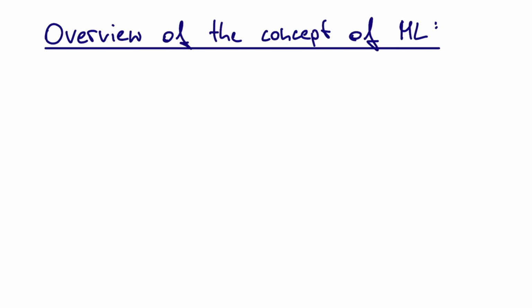Alright, now let's move on to a general overview of the concept of machine learning, or more precisely, of neural networks. In this part, I'll present a general concept of how it roughly works, as simple as possible, without going too deep into the mathematical details, so that you can just follow along and understand the general principle behind it.